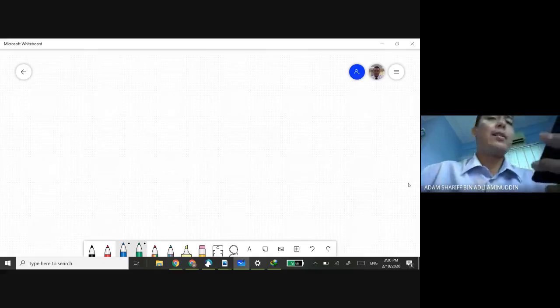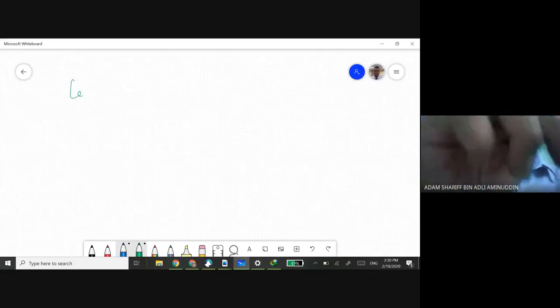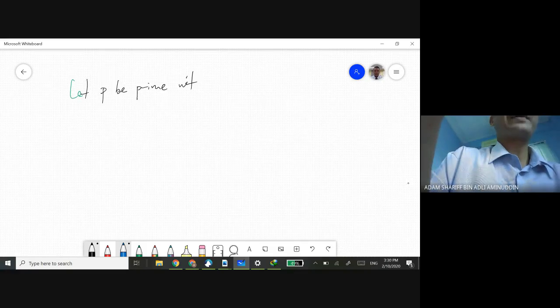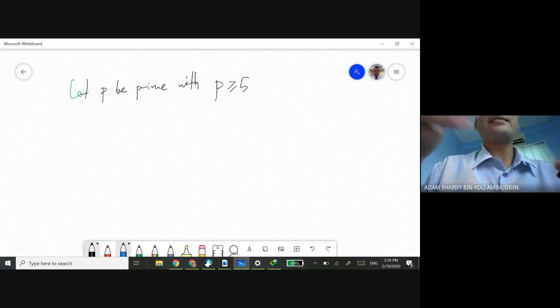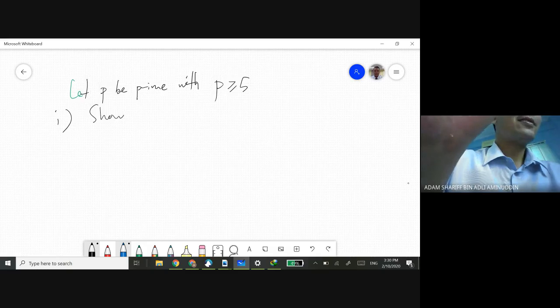Okay, Yong Chun Han asked me that let P be prime with P larger than 5. Okay, P is prime integer and is larger than 5. For 1, show P minus 1 squared is even.